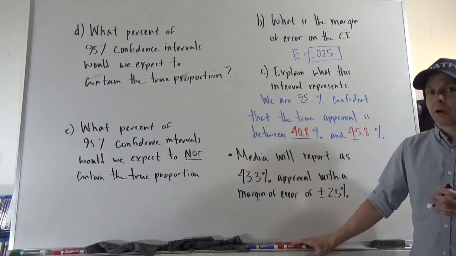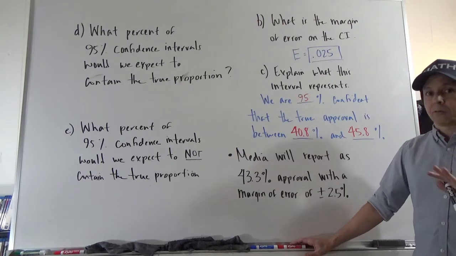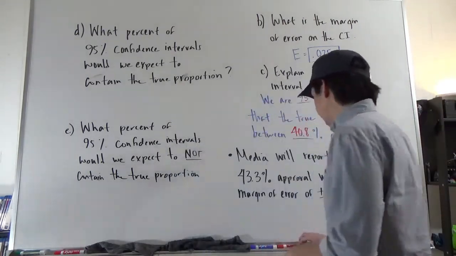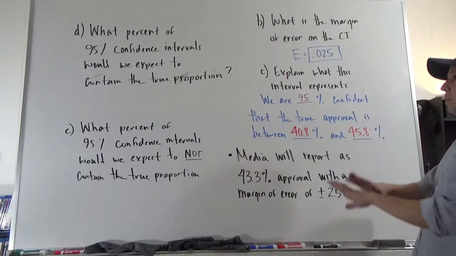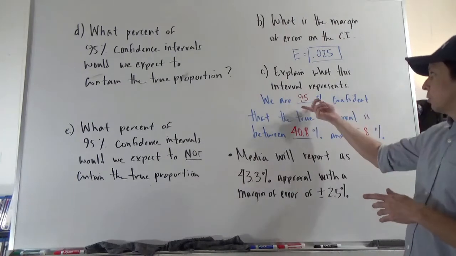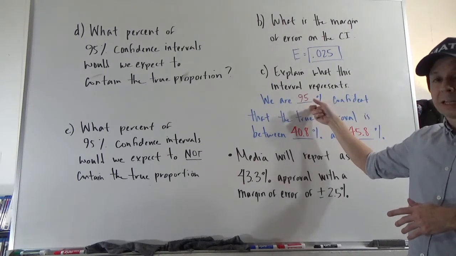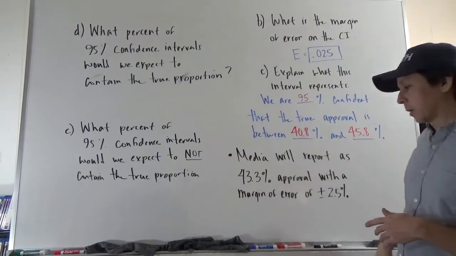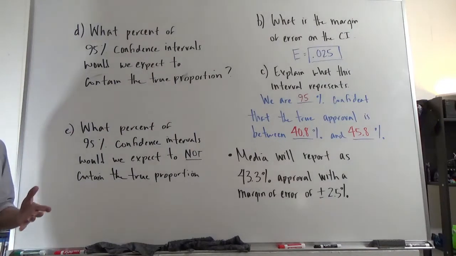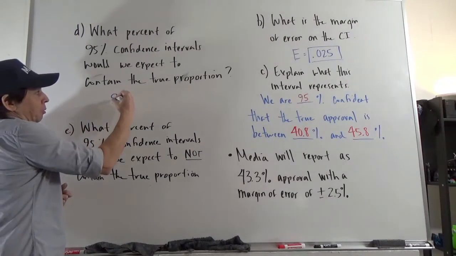So they can be wrong, but not that many should be wrong if they've done things correctly and got representative samples, which they struggle with sometimes. So sometimes they have some issues. But if everything's pure and they get a representative sample and all the math is valid, then we expect 95% of them to be true, because we're 95% confident that it would be between here. So if multiple polling agencies are doing these, each polling agency is 95% confident, but some of them will be wrong.